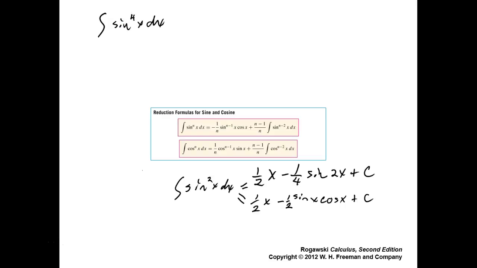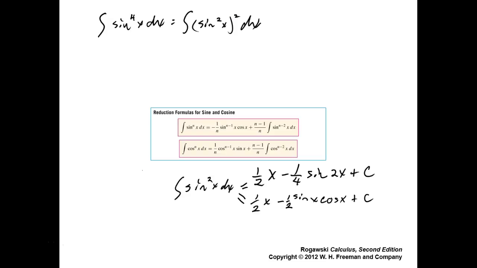Okay, how might you think we ought to do this? Squared, I like that. Okay, the integral of sine squared x squared dx. Same thing, right?